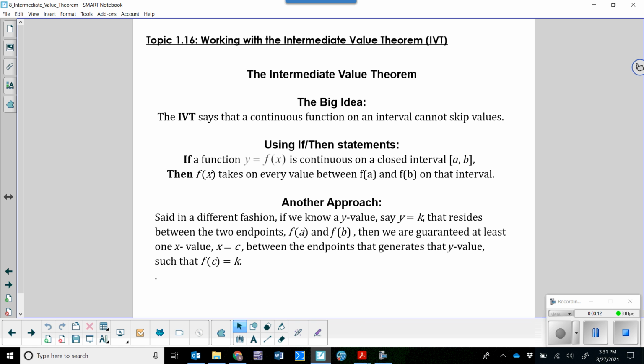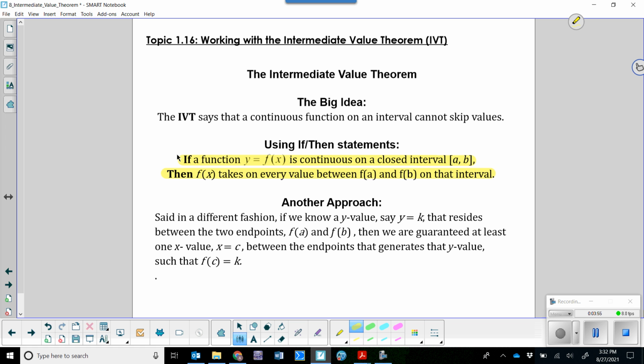It's really often used to prove there's a 0. Often you have a negative value and a positive value. Now I can guarantee there must be a 0 somewhere in between, because zeros are important. So using fancy if-then statements, we say if a function y equals f of x is continuous on a closed interval, then f of x takes on every value between f of a and f of b.